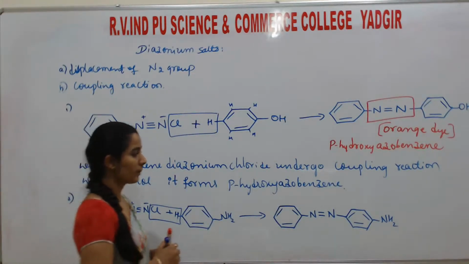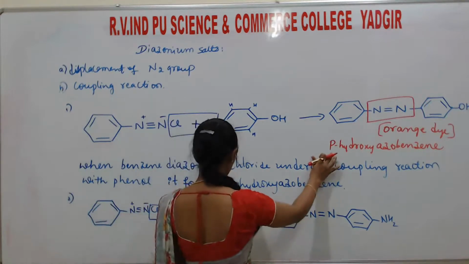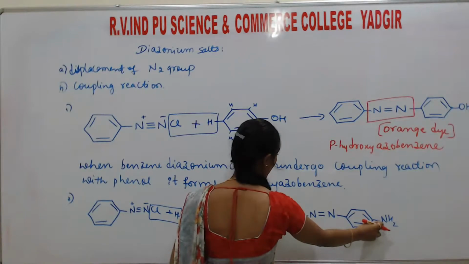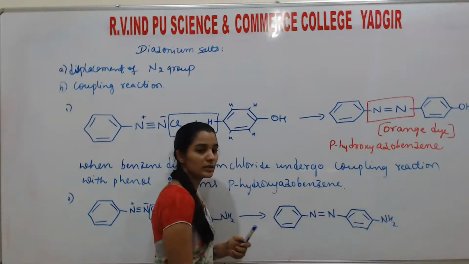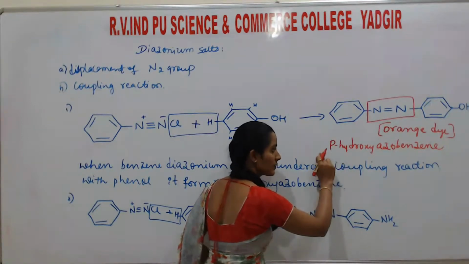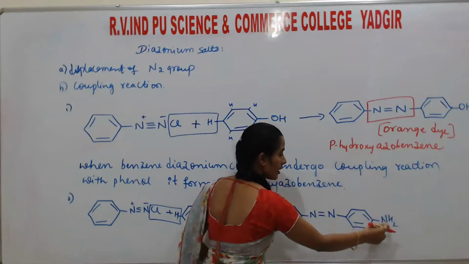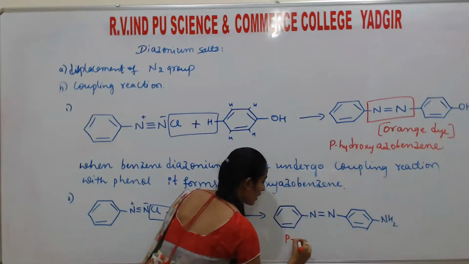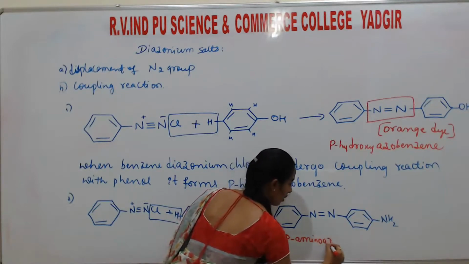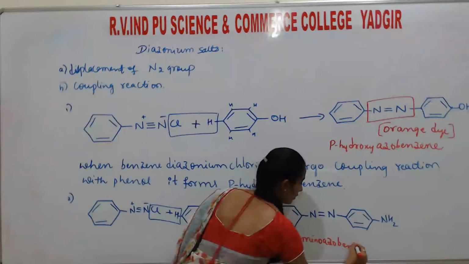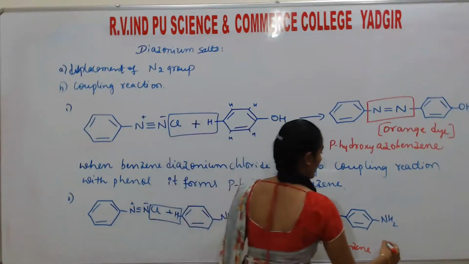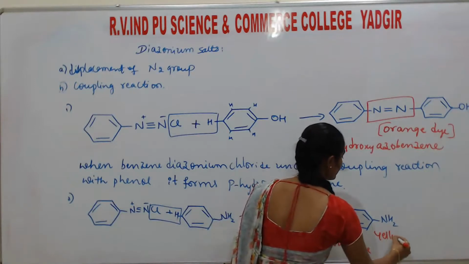So here students, as we wrote para hydroxy azobenzene, here in the place of OH, what is here? NH2 is here. So there OH is there, that's why we took hydroxy. Here NH2 is there, that means para amino azobenzene. Okay, and this is a yellow color dye.